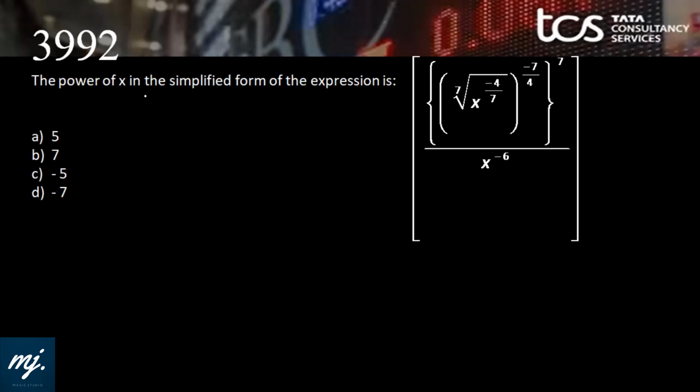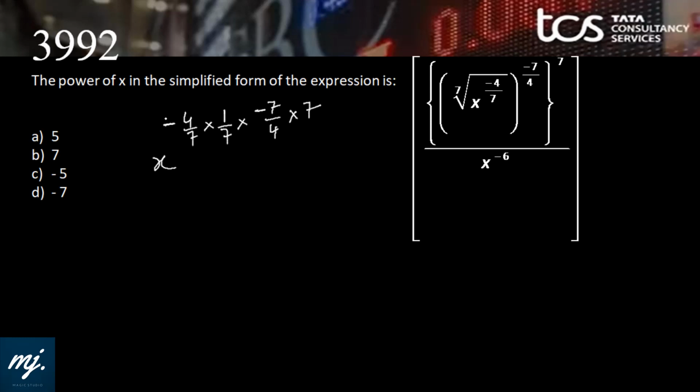The power of x in the simplified form in this particular expression. We are just looking for the power of x. In the numerator, this expression would be x to the power minus 4 by 7 into 1 by 7, then raised to the power minus 7 by 4, and then again raised to the power 7.